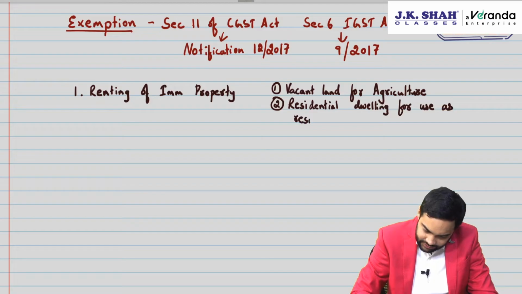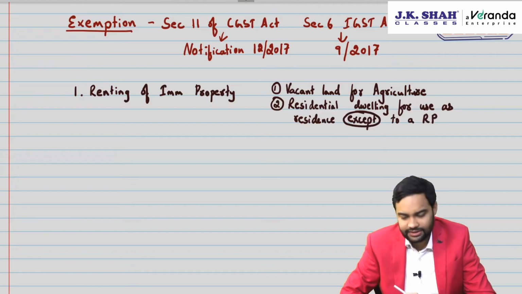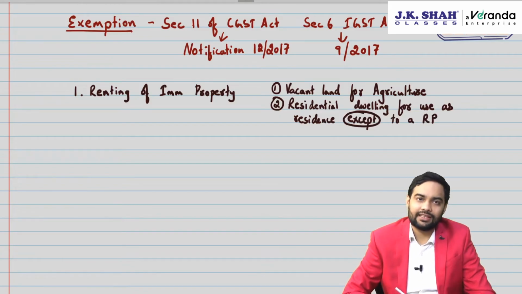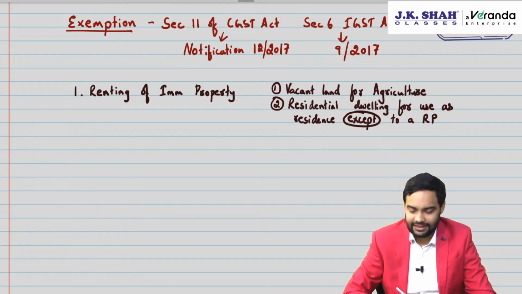And then the law says except to a registered person, because if it is given to a registered person, then it is taxable under RCM. Otherwise, renting of a residential dwelling for a use of residential nature is exempt.